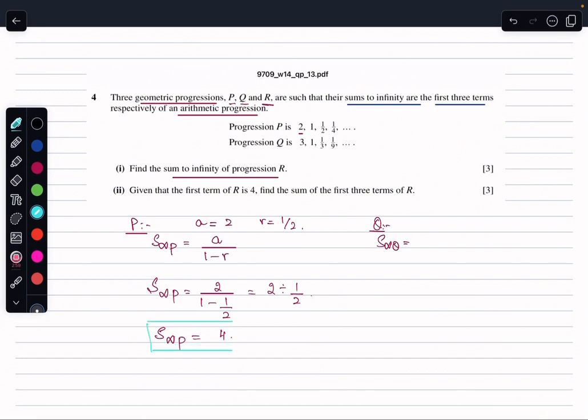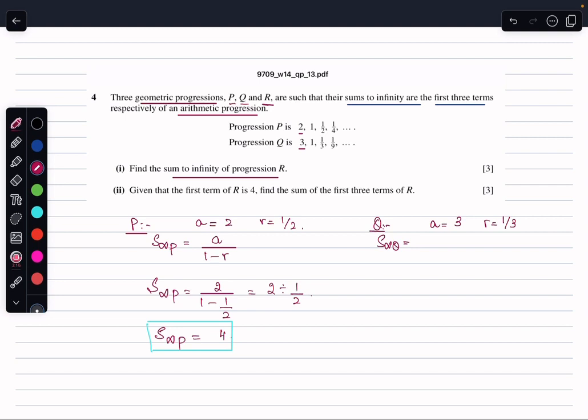In the same manner, I shall be having the sum to infinity for Q, and for Q they have given us the first term, which is 3, and also I can see that the common ratio here is 1 by 3.